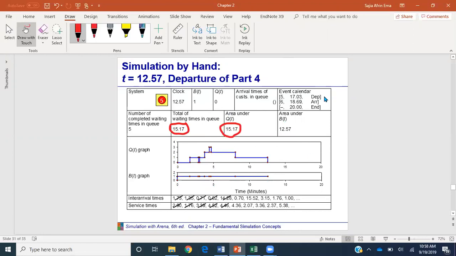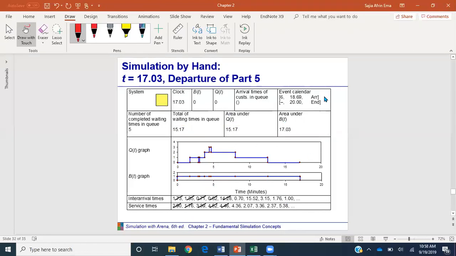Next, part 5 will depart the system. At 17.03 minutes, the system is basically empty. There is no one in the service and no one in the queue, so the arrival time in the queue is empty. And then part 6 is expected to arrive after some time, at 18.63 minutes. Number of completed parts is 5.